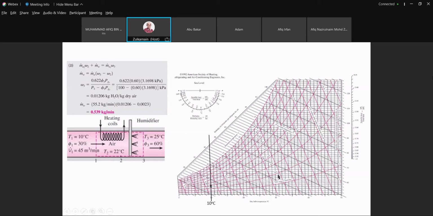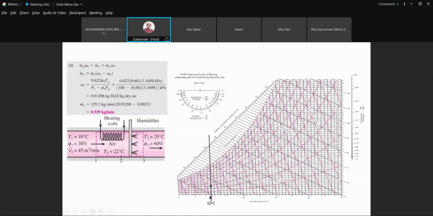You can see here, this is RH for, I think it's 20, and this is 40. So in the middle, this is 30. Guys, can you plot this in your psychrometric chart later on? I'm just showing you.